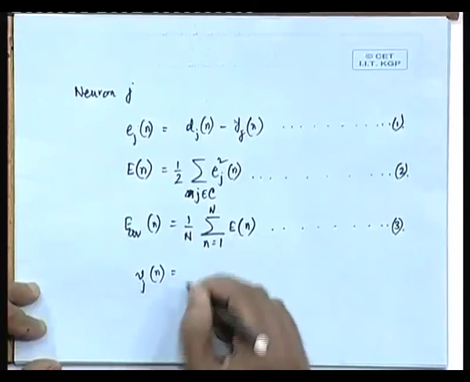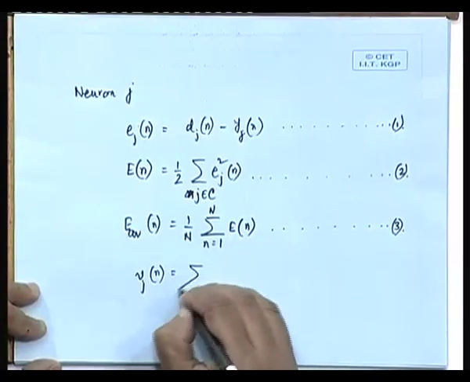So, phi as an argument of v_j, where v_j is called the induced local field.